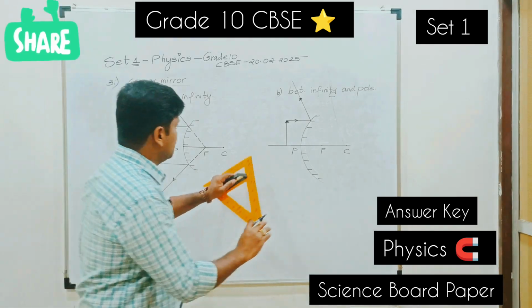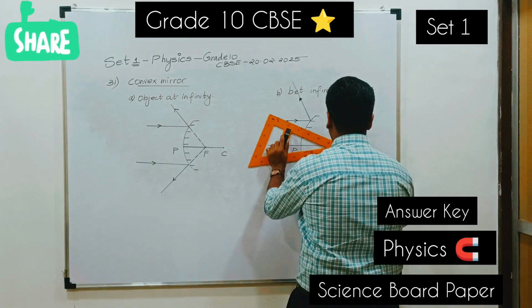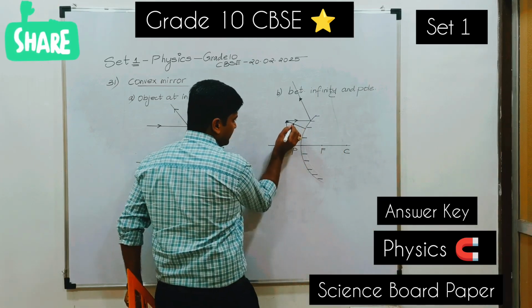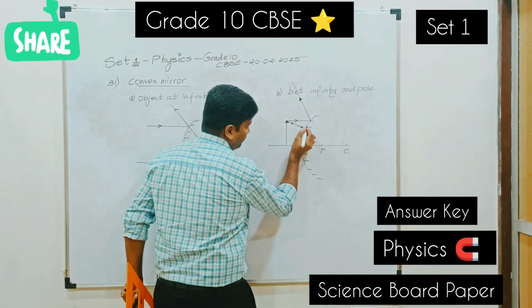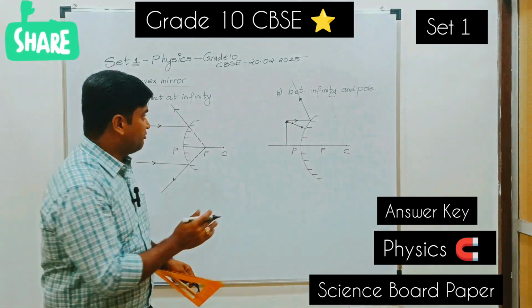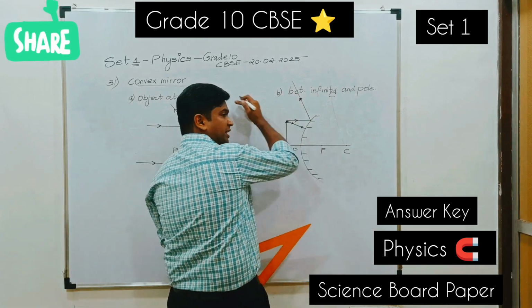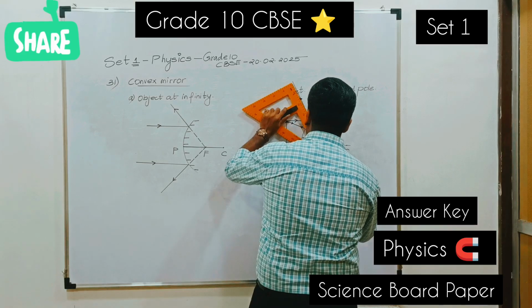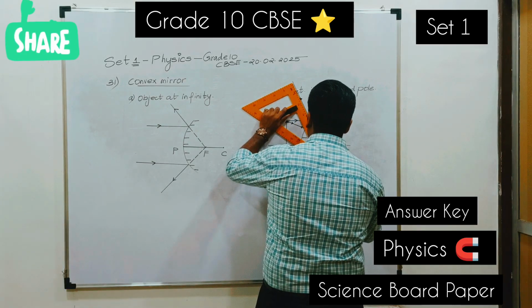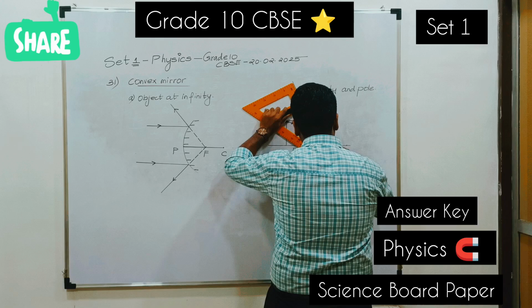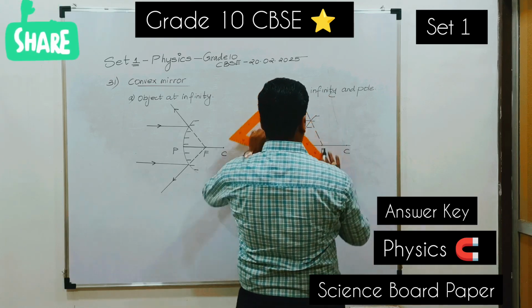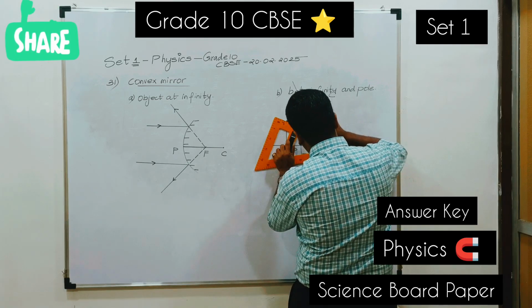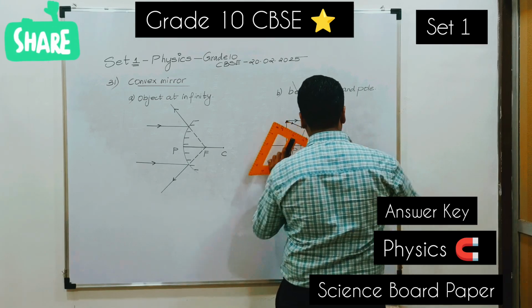And second, if I pass the ray of light through the center of curvature, you all know it will go towards the mirror and then reflect back along the same path. So the first reflected ray is going here, the second is going here, which will never meet on this side. So you know what to do, I'll make them meet. This reflected ray appears to be coming from the focus, and this one I will assume is going towards the center of curvature.